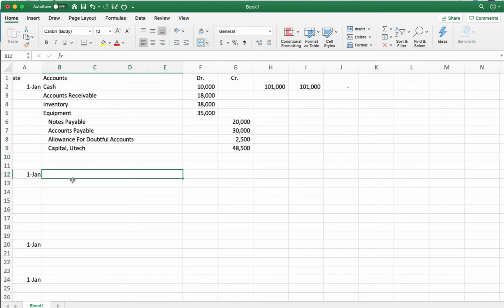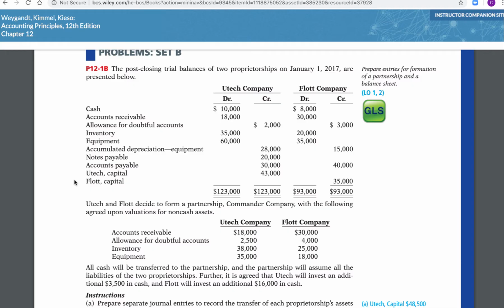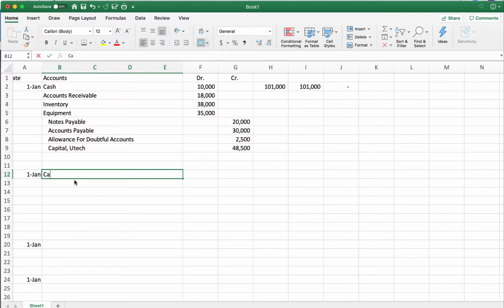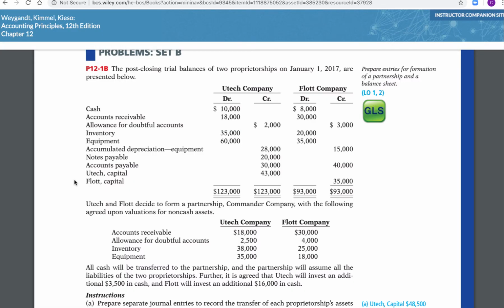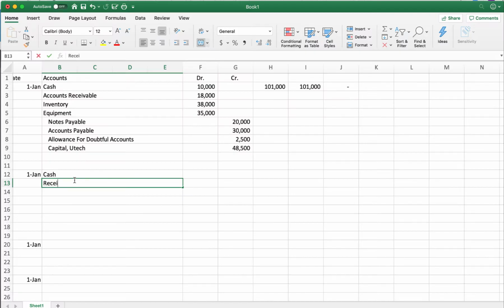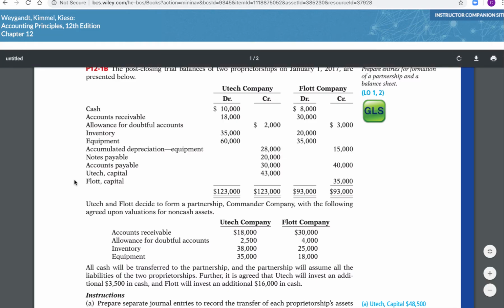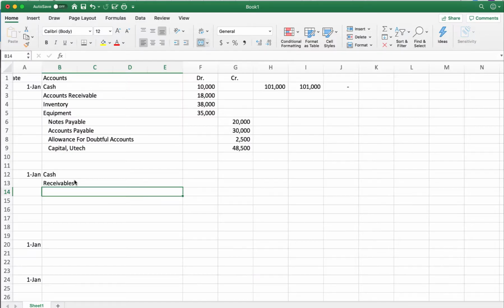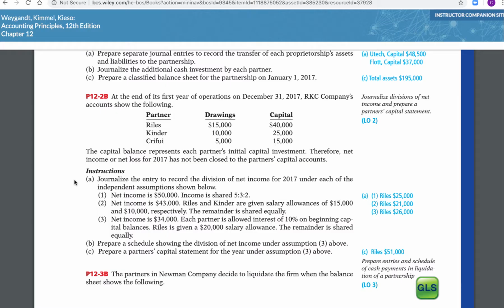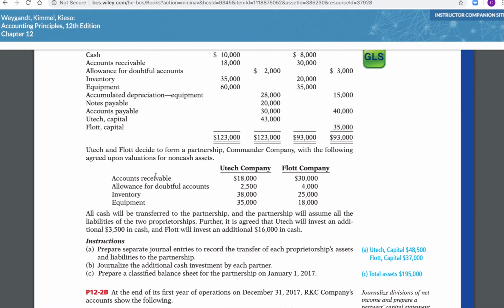We got to do the same exact thing for Float, right? So what's Float contributing into this partnership? Well, they're contributing cash. They're also contributing receivables. They're also contributing inventory. Oh, sorry about that. And they're also contributing equipment. Okay. What about the liabilities? What liabilities are they contributing?